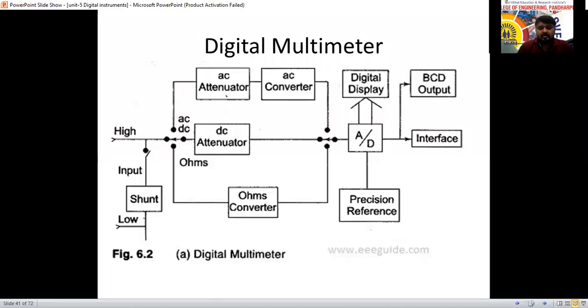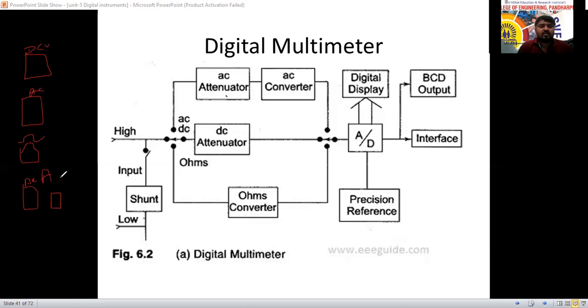For measurement, with digital instruments we can use DC voltmeters separately, AC voltmeters separately, resistance meters, which we call ohm meters, and ammeters for AC and DC separately.